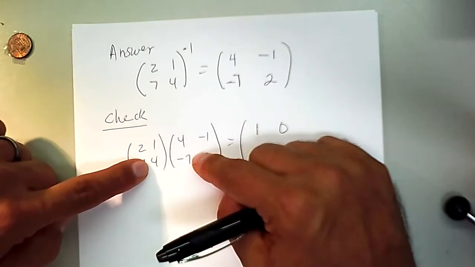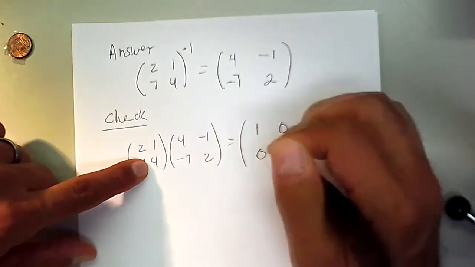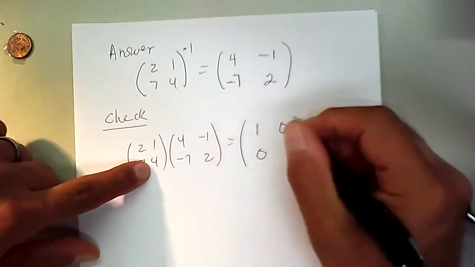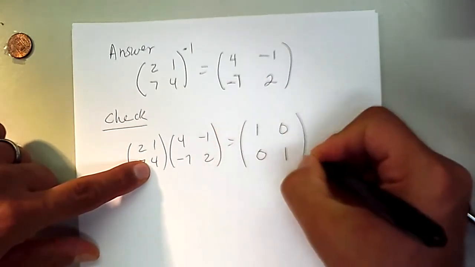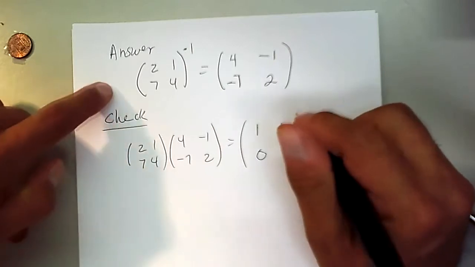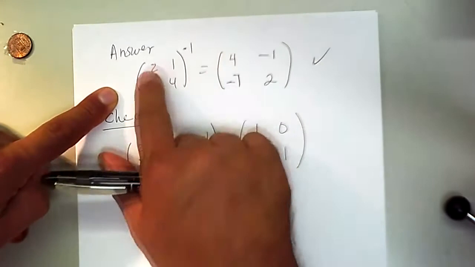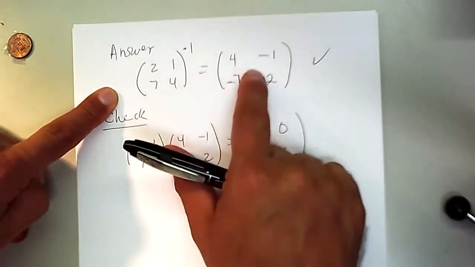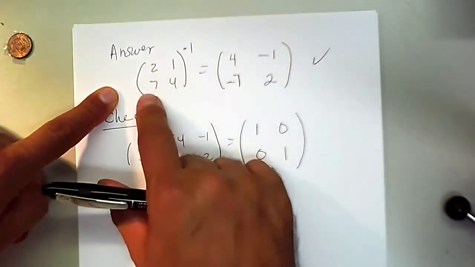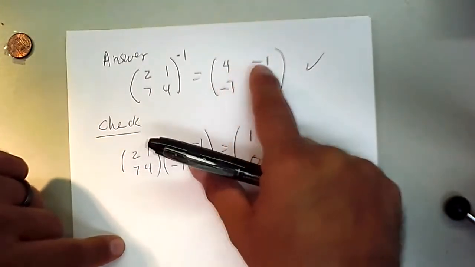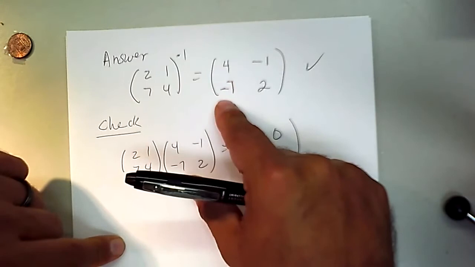But then we are subtracting 28, so we're good. And then -7 plus 8, sure enough, that gives us 1. So indeed, this is correct. This is the actual answer. This is the inverse of the matrix 2, 1, 7, 4. It is 4, -1, -7, 2.